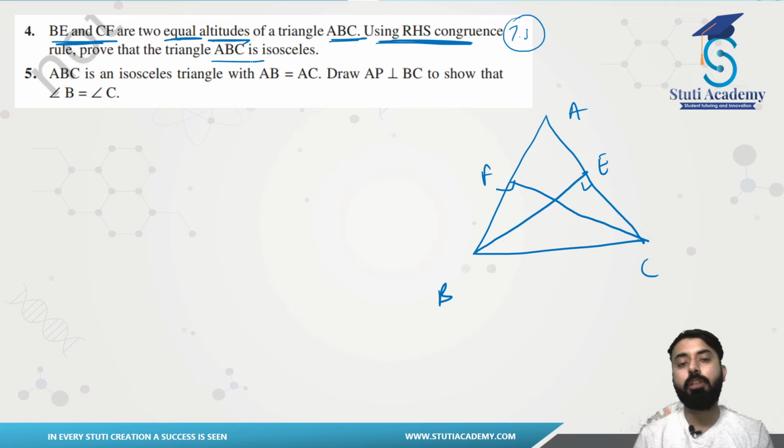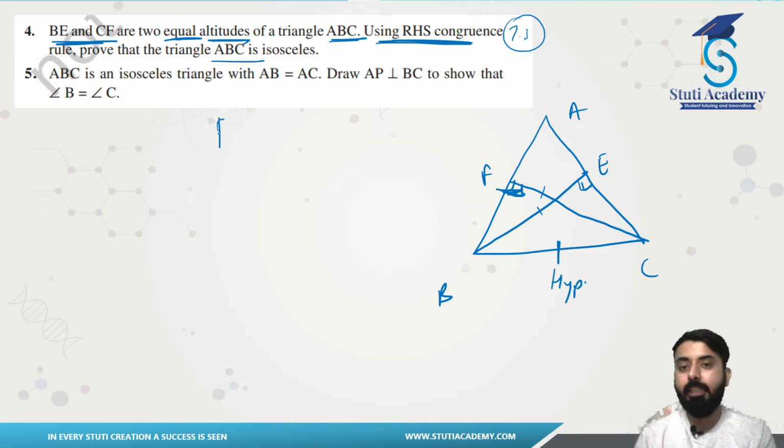Now what can you do with this? I can see this is 90. I know the altitudes are equal, so this is equal to that. And if this is altitude and this is altitude, then this side is the hypotenuse, right?